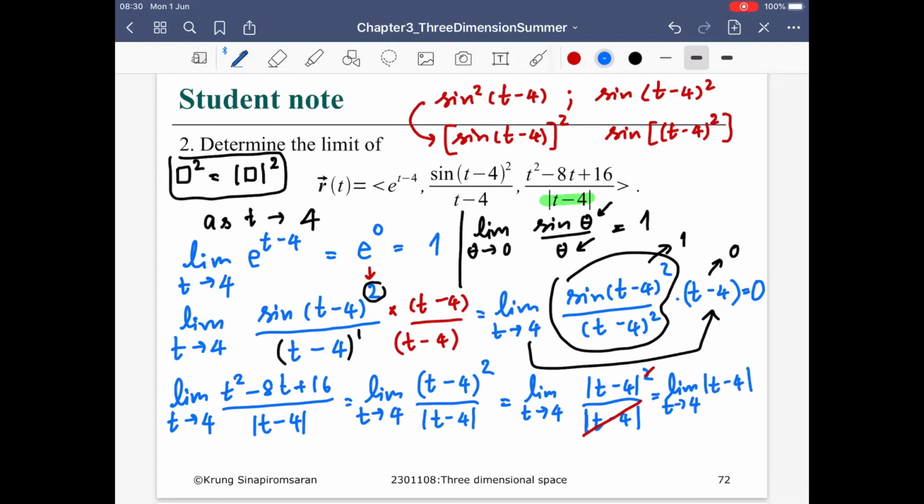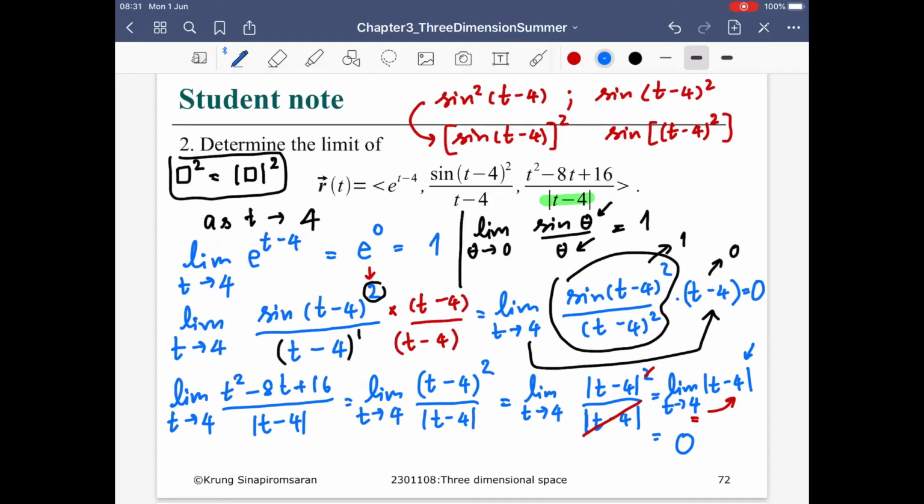You may say we need to think of the left hand side limit and the right hand side limit. Yes, but because right now you have only one term, either left hand side or right hand side, as t goes to 4, it becomes 0. So the limit of your last term is also 0.